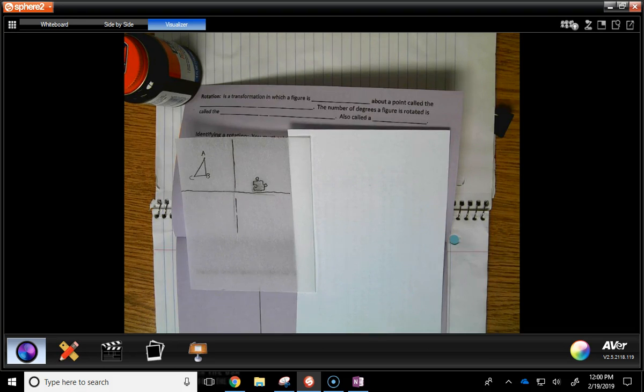Here's what I would do. Whoa. Oh, wow. 1 turn. 2 turns. It's tracing paper.